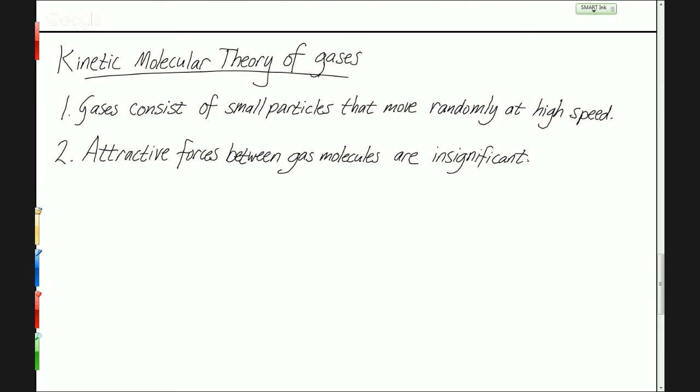We're going to say they don't attract each other. When they hit each other, they simply bounce right off again. They don't transfer any energy, and they're not being held together. So all that stuff about hydrogen bonding and dispersion forces and dipole forces, the stuff we talked about in the last chapter, doesn't really apply to gases because the molecules are so far apart and moving so fast.